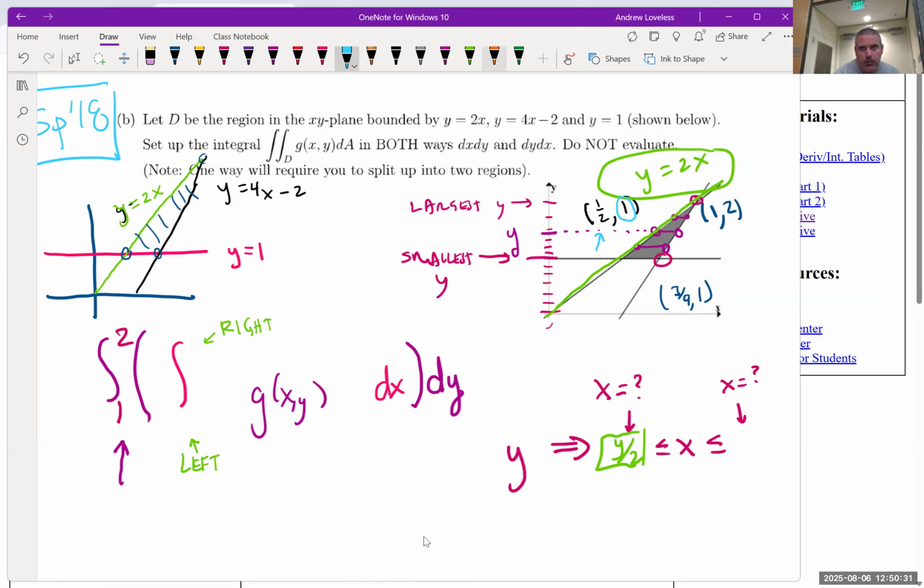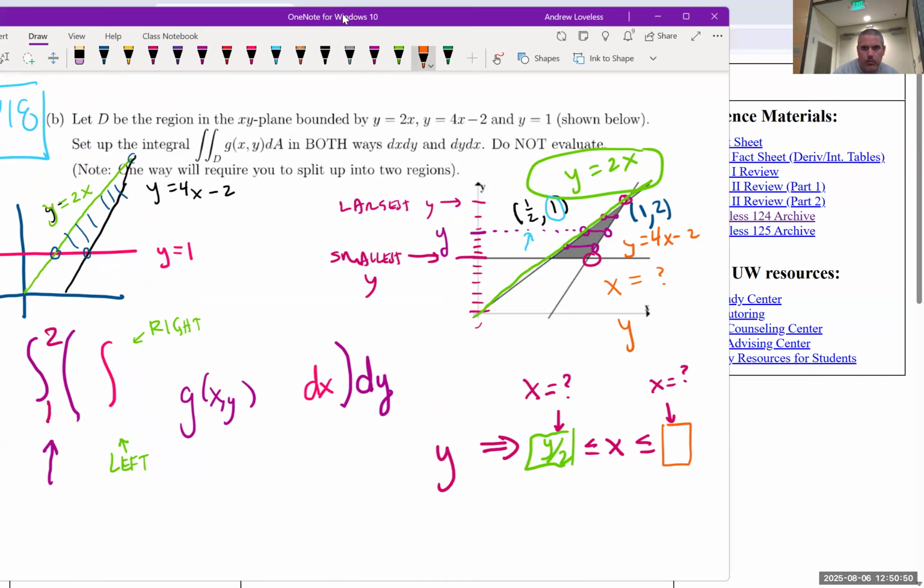Okay, so I'm going to do the same thing for the upper bound. So let's see, adding 2 to both sides, dividing by 4. And we got it.